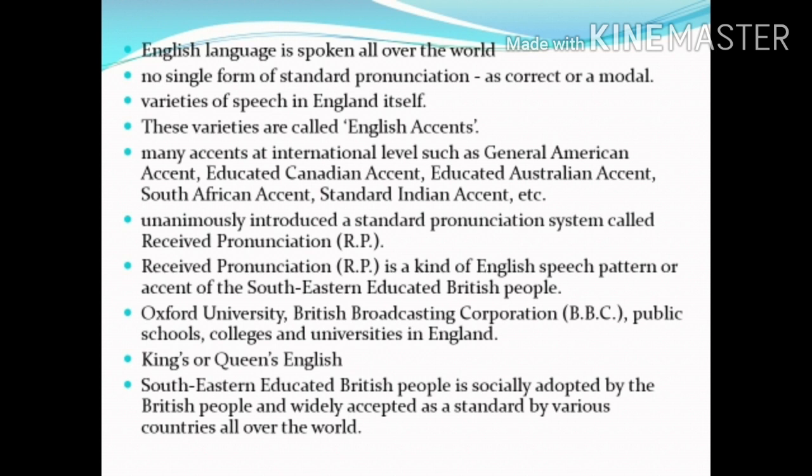IPA, as I said earlier, the International Phonetic Association, has introduced a standard system of pronunciation which is called Received Pronunciation or RP. Received Pronunciation is a kind of English speech pattern or an accent of the southeastern educated British people.